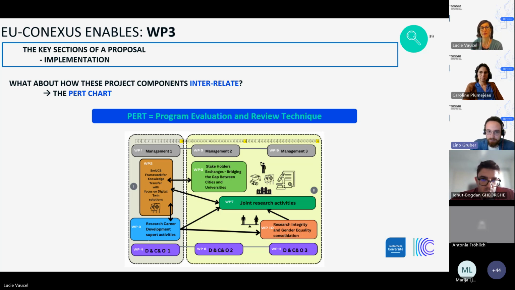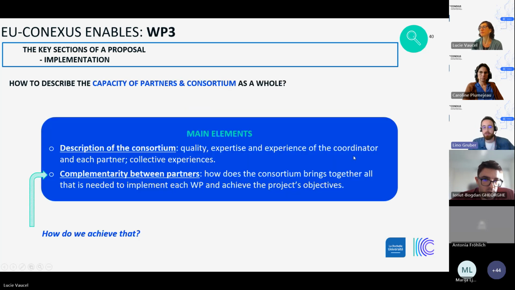Okay, now moving on to the next slide, we can talk about something that's asked of you while designing the implementation of the project. It's to show the capacity of partners and consortium as a whole. This is something you will need to address in your proposal, and there are two main sides to this.